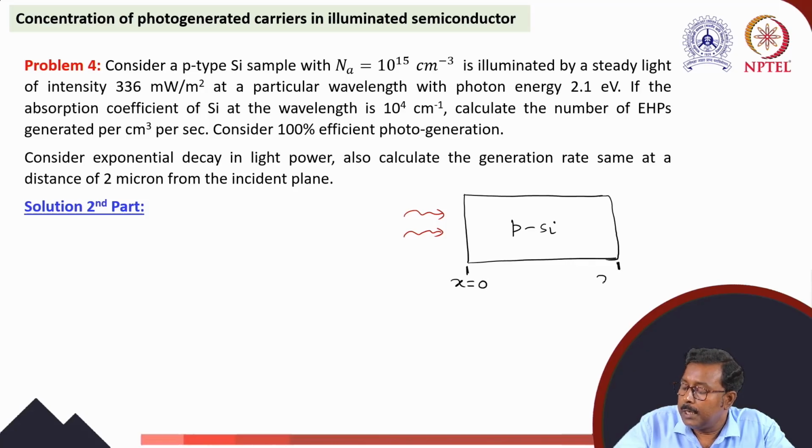This position, say x is equal to L, length. You have to calculate the generation rate G optical at a point x is equal to 2 micron. Here G optical, how much?